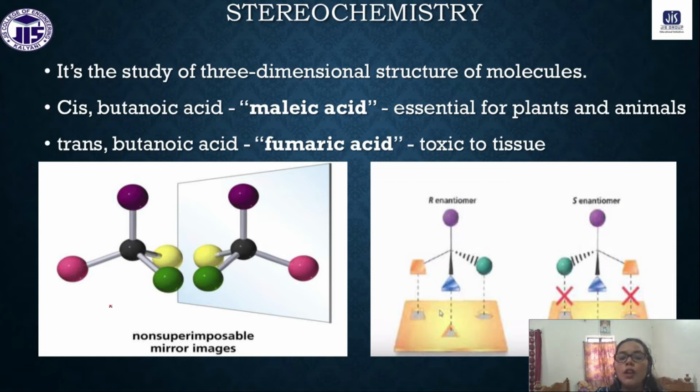This is a carbon atom which is sp3 hybridized, so the structure will be like this. Stereochemistry means we will deal with how the hydrogen, methyl group, ethyl group, or halide group are arranged around the carbon atom.